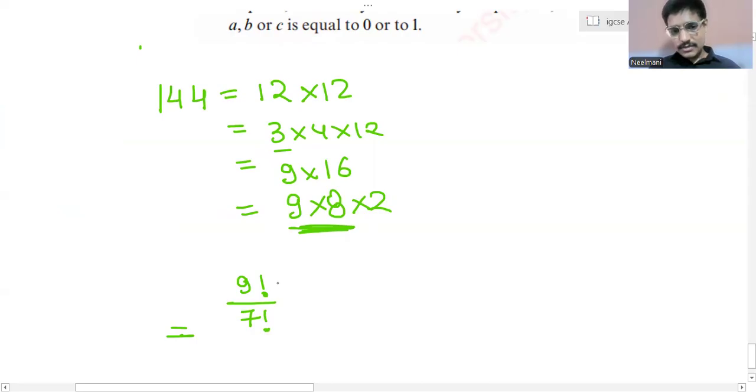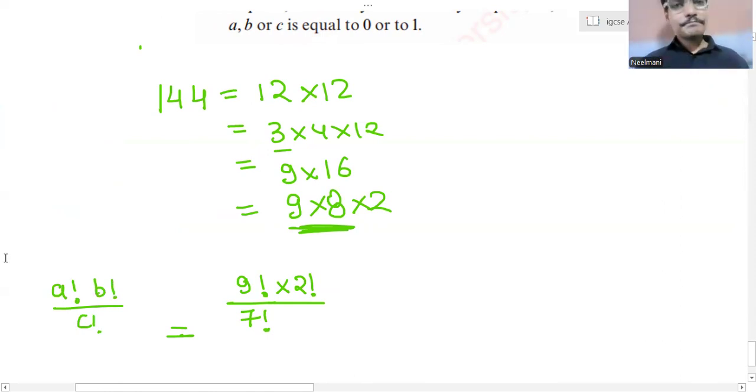And of course, because there is a 2 there, we would just multiply it by 2 factorial. So see, here we have achieved a form which is a factorial, b factorial, and c factorial. We have also satisfied the condition that all of the a, b, and c's are unique, and apart from that, none of them is equal to 0 or 1. This is one of the solutions.